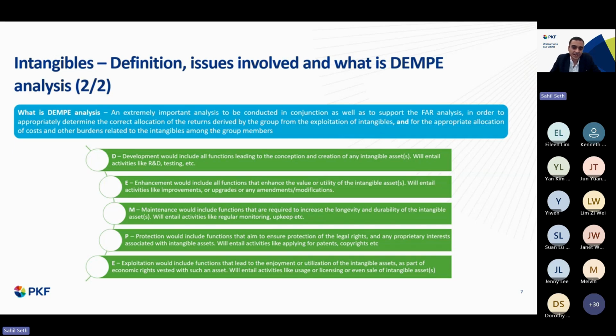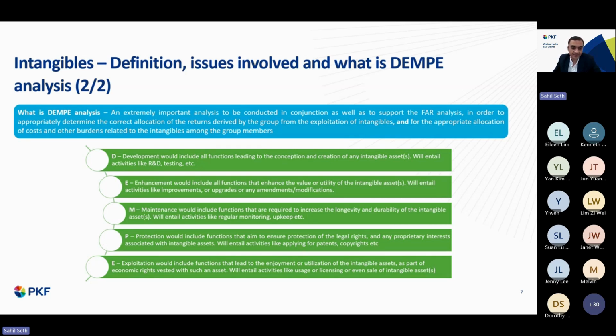So this kind of entity would be entitled to a certain return, but that depends on to what extent of maintenance it is doing. And this is something only after doing the DEMPE and the function analysis we can see whether the particular entity is only doing maintenance or it is doing a combination of enhancement and maintenance.